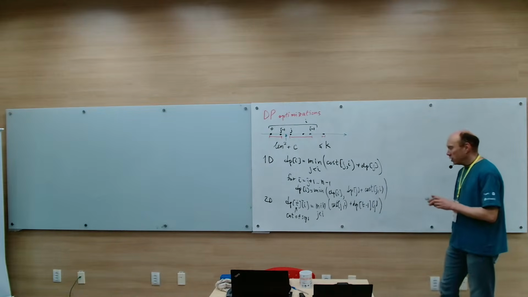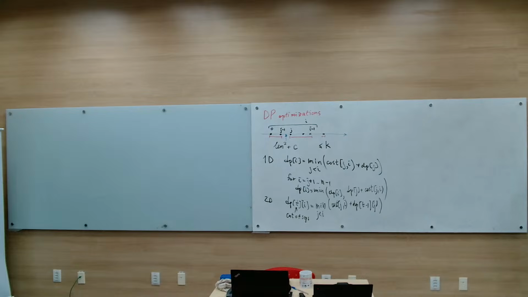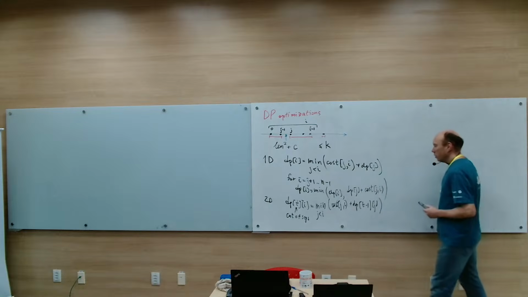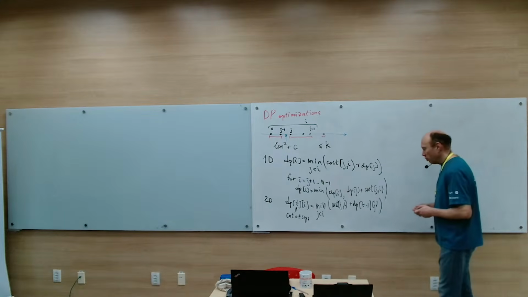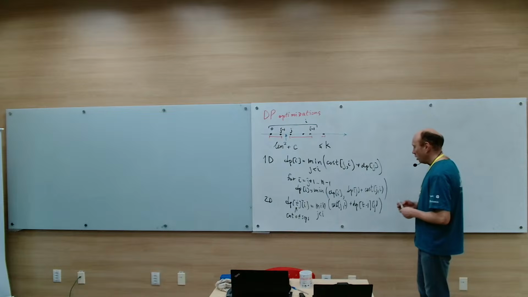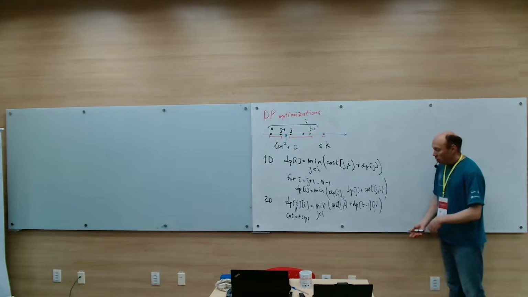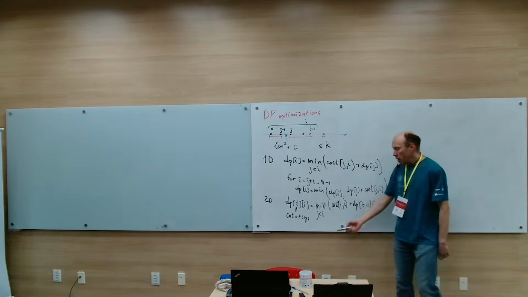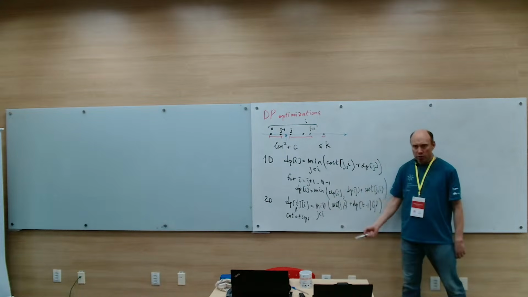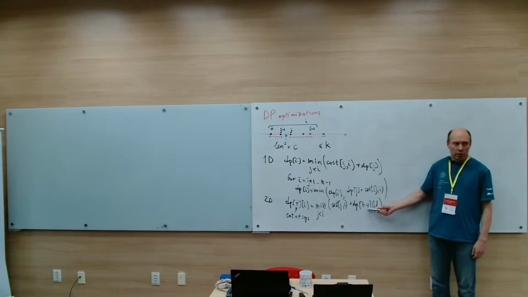What is the difference, except that you are now multiplying your complexity by the number of segments, that is k? The difference is that, on the contrary, you don't need to go in any particular order on i, because you're only referring to the previous row of your dynamic programming.